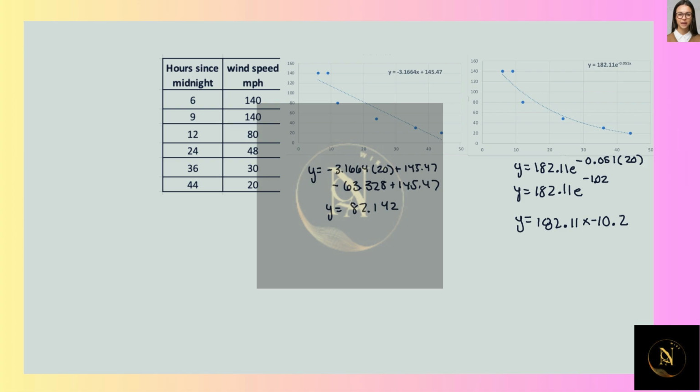Okay, so then what I would do is I would use my calculator and I would do that out, and I would get 66.6679.